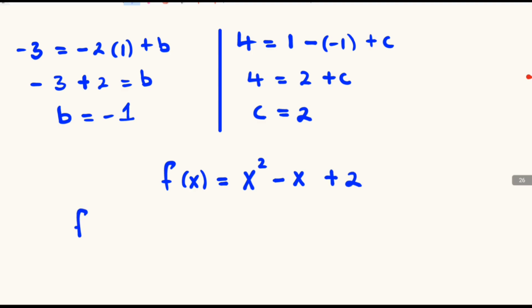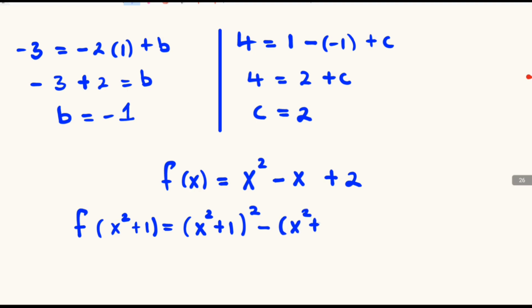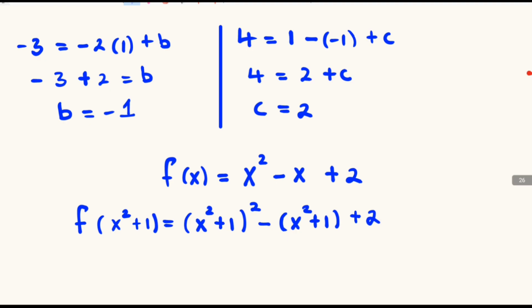So from here, we are going to substitute x squared plus 1 in the place of the x. So our f of x squared plus 1 will be equal to x squared plus 1 raised to the power 2 minus x squared plus 1 in the place of the x plus 2.